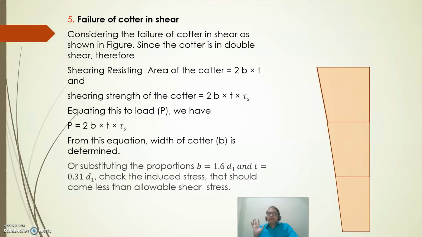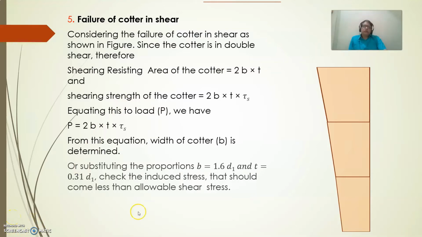So the next one we will go for is the failure of the quarter in shear. So now let us consider the quarter as I have shown here. There are two portions.